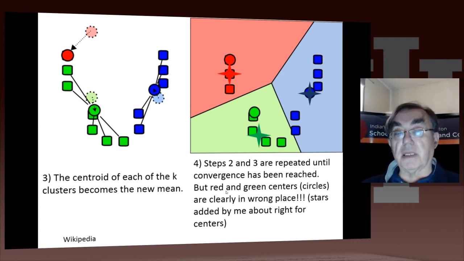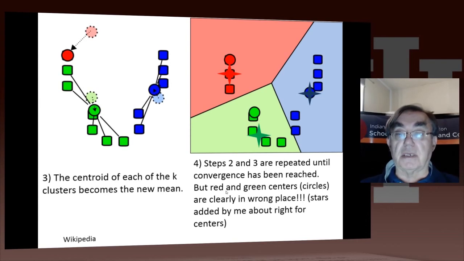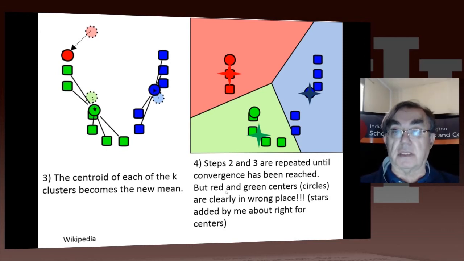And then they finally iterate it and get an answer, and they actually even unfortunately displayed the answer incorrectly in Wikipedia. I looked recently, it's still incorrect, and they give these blue, green, and red circles as the centers, and they're obviously not the centers, so there's just a mistake in the picture. I have put the correct centers, which are the stars.